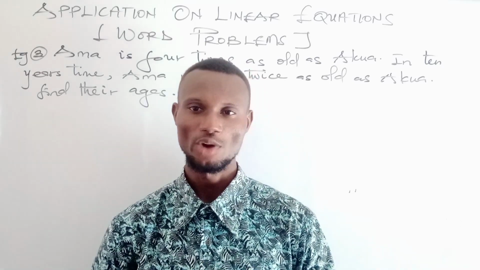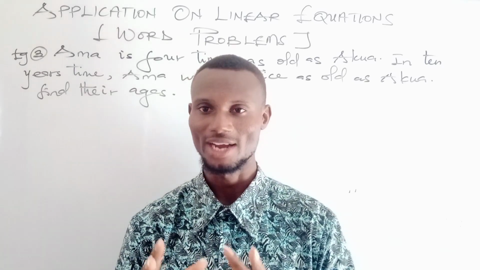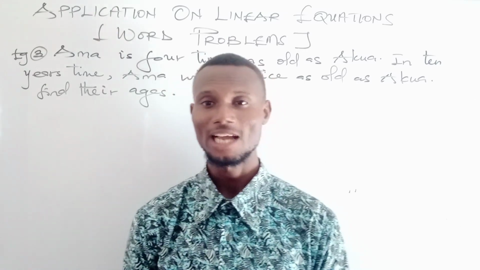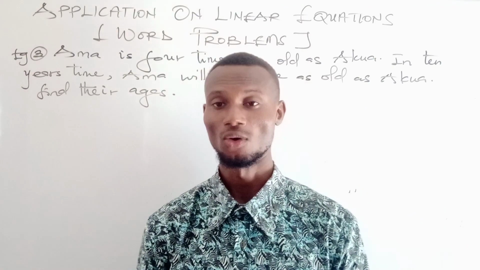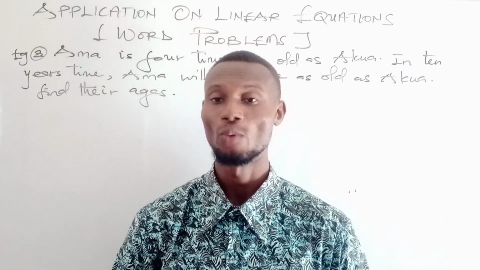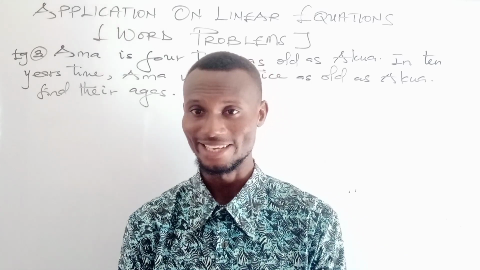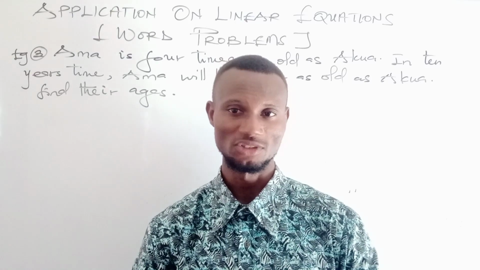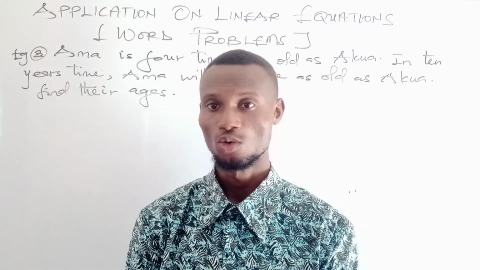I'm going to reiterate it one more time so that you can get a better understanding of it. Anytime you have a word problem question, don't try to do everything at a go. It makes the work confusing and complicated. So the best thing to do is that you follow a step-by-step procedure to arrive at a solution.